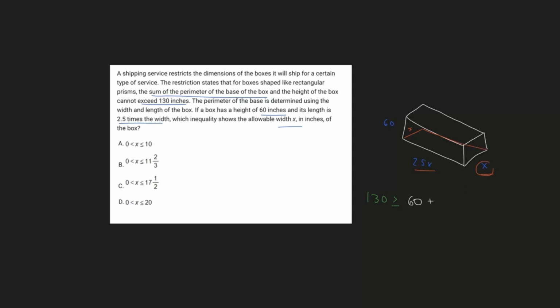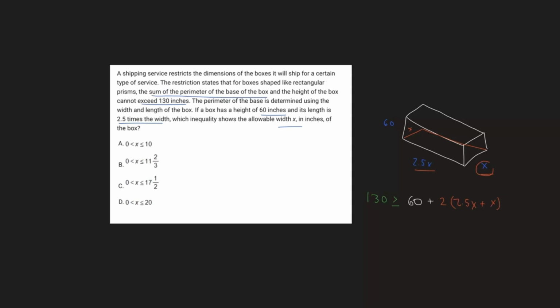And therefore, when we write our inequality to find the perimeter of that one side, we can just double the addition of both the length and the width. And so we can write this as 2 times (2.5x plus x). All right, so now what we want to do is just expand this out.